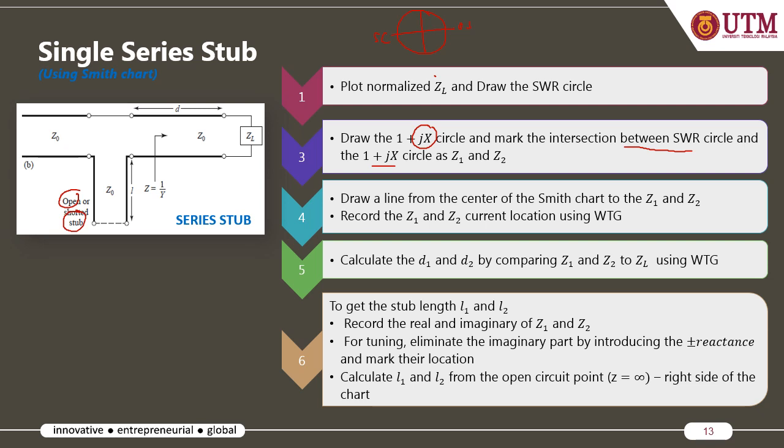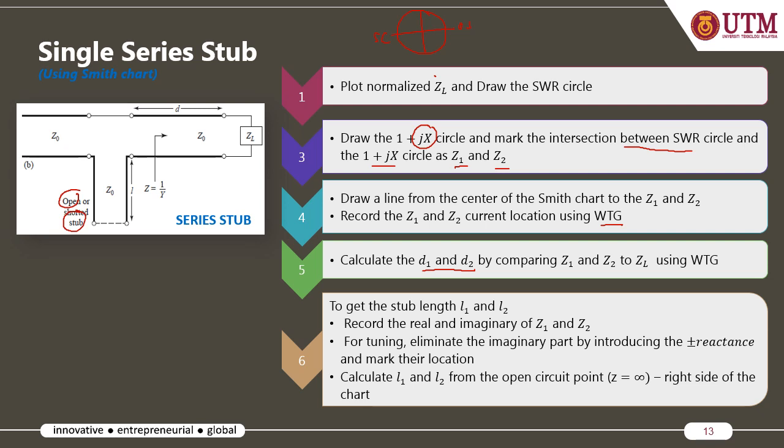So now you have two intersections, Z1 and Z2. Then you mark the current position of Z1 and Z2 to get the D. Okay, so record the position using wavelength towards generator, and then calculate D1 and D2 by comparing it to the position of the load.